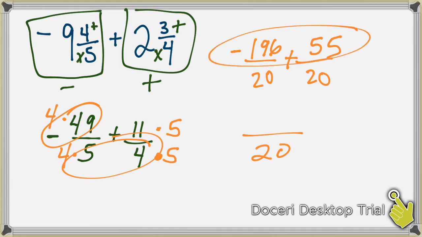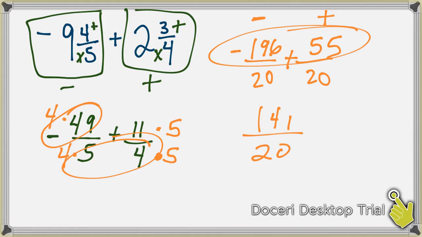But the numerator says negative 196 plus 55. So the negative 196, that's a negative, and then the 55 is a positive. They're different signs, so I'm going to subtract them. So I'm going to get, I believe, 141 when I subtract 196 minus 55. Yeah, that sounds right.